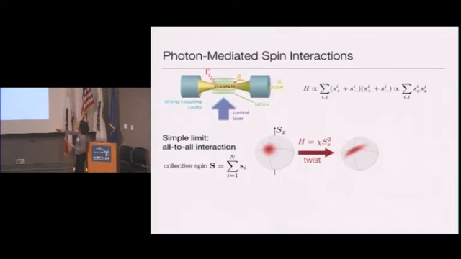And in the simple case where all atoms are equally coupled to the mode, that turns out to be something that I can represent simply as a nonlinear Hamiltonian as a function of the collective spin of the ensemble. So in this simple limit, I have a nice way of visualizing quantum states in the system as some spin with some uncertainty in where it's pointing.